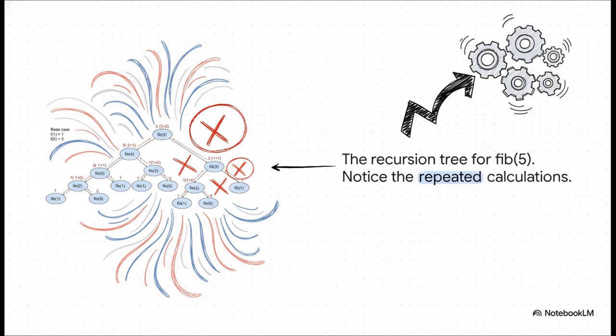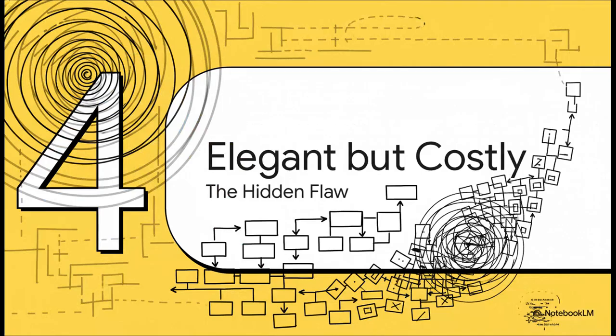And fib 2? It's calculated once, twice, 3 separate times. We're doing the exact same work over and over and over again. This brings us right to the heart of the matter, the elegant trap. Our beautiful, clean, recursive code, the one that so perfectly matched the math, has a massive hidden flaw.